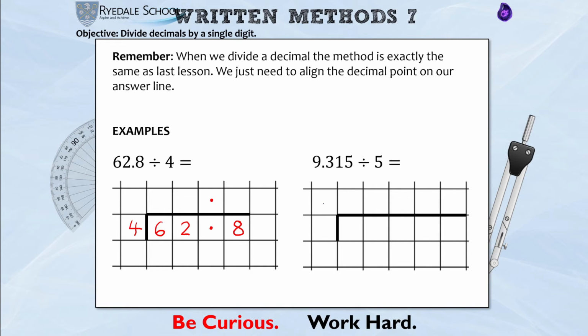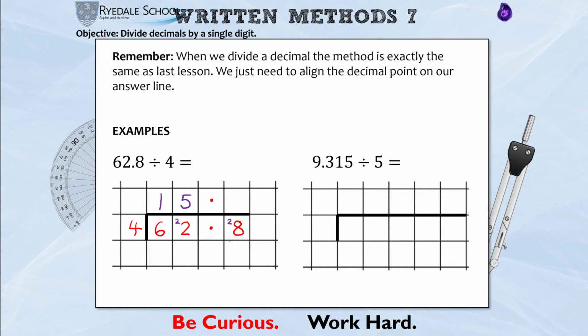We would start by saying how many times does 4 go into 6? Well, 4 goes into 6 once with 2 left over. How many times does 4 go into 22? It goes 5 times with 2 left over. We need to carry the 2 all the way past the decimal point and onto the 8 to make 28.